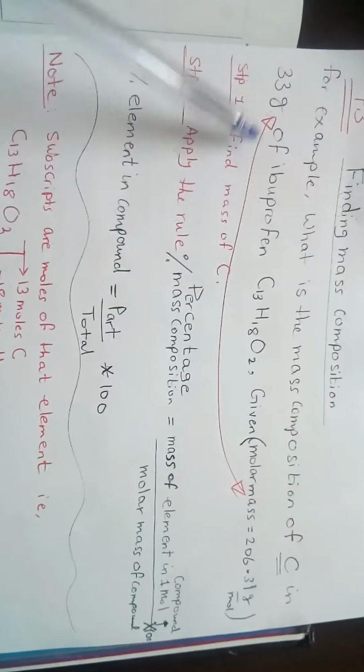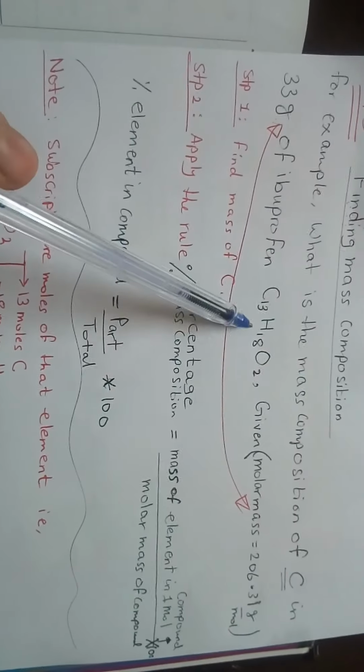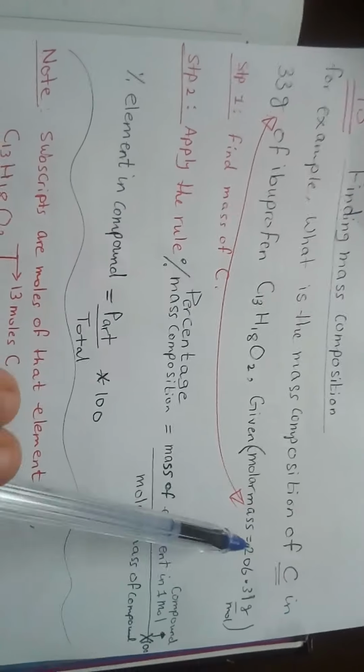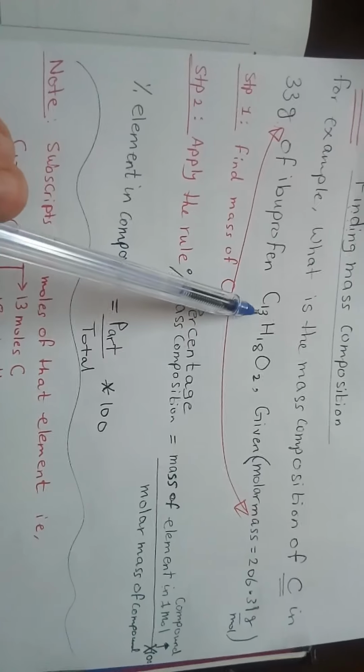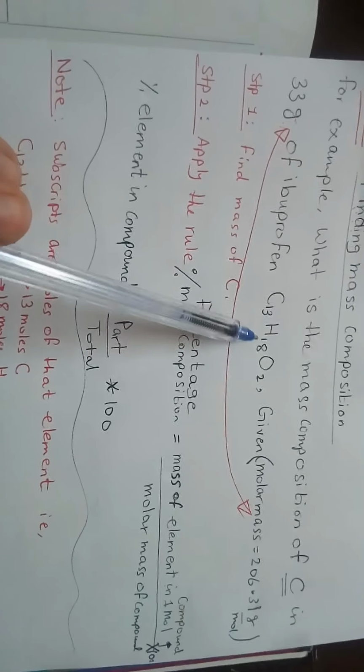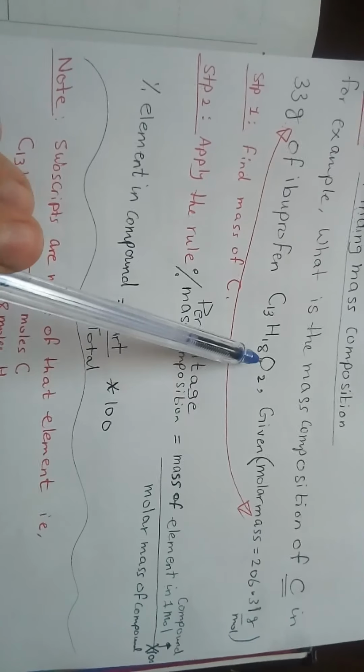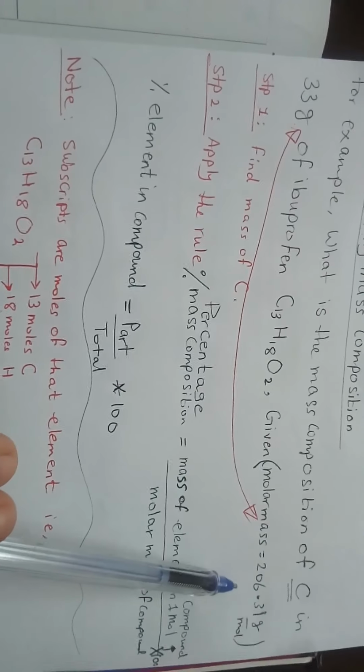I have the mass, which is 33 grams of ibuprofen, and I have its molar mass. How did we calculate this molar mass? It's just 13 times 12 plus 18 times 1.01 plus 2 times 16. You get that number over here.